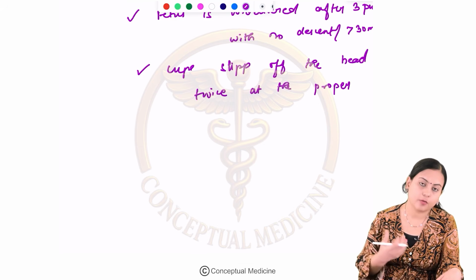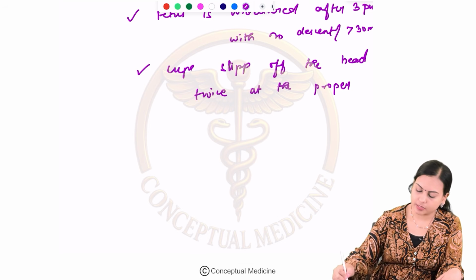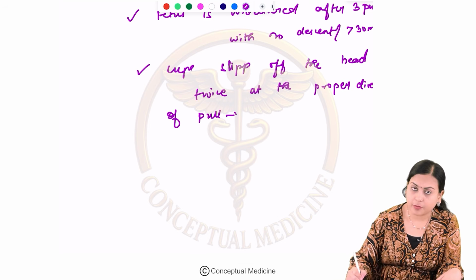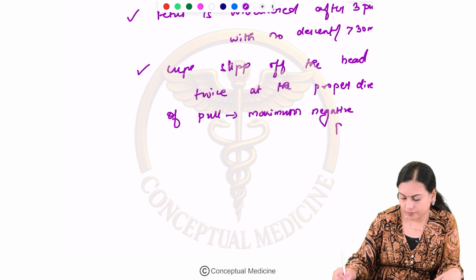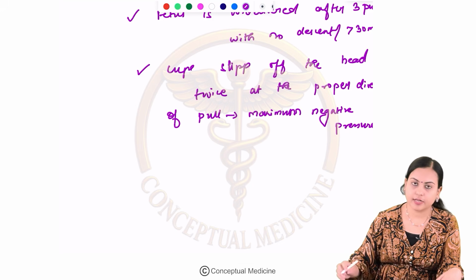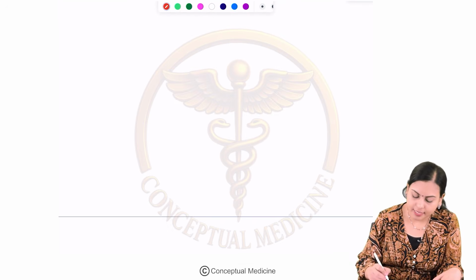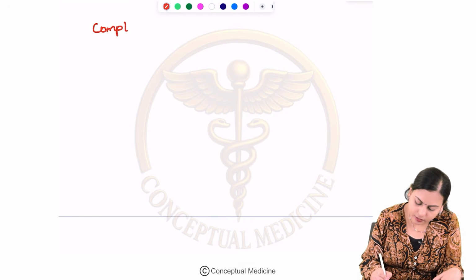When we are giving proper direction itself, there were 2 slips, with maximum negative pressure. Clear? Now, what are the complications that we can expect with vacuum delivery?